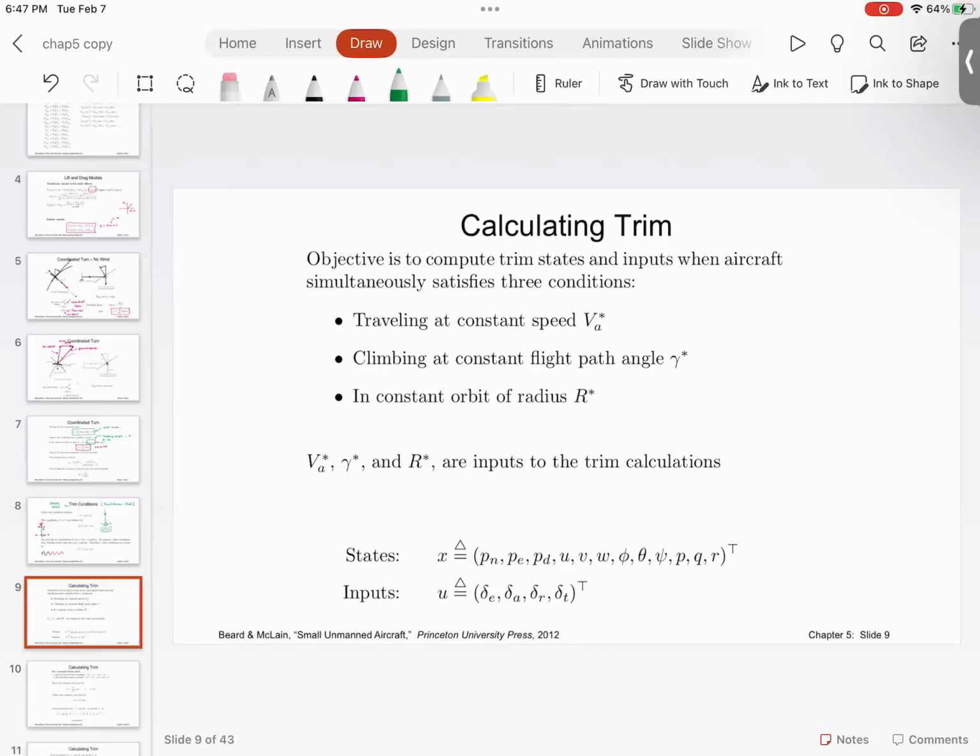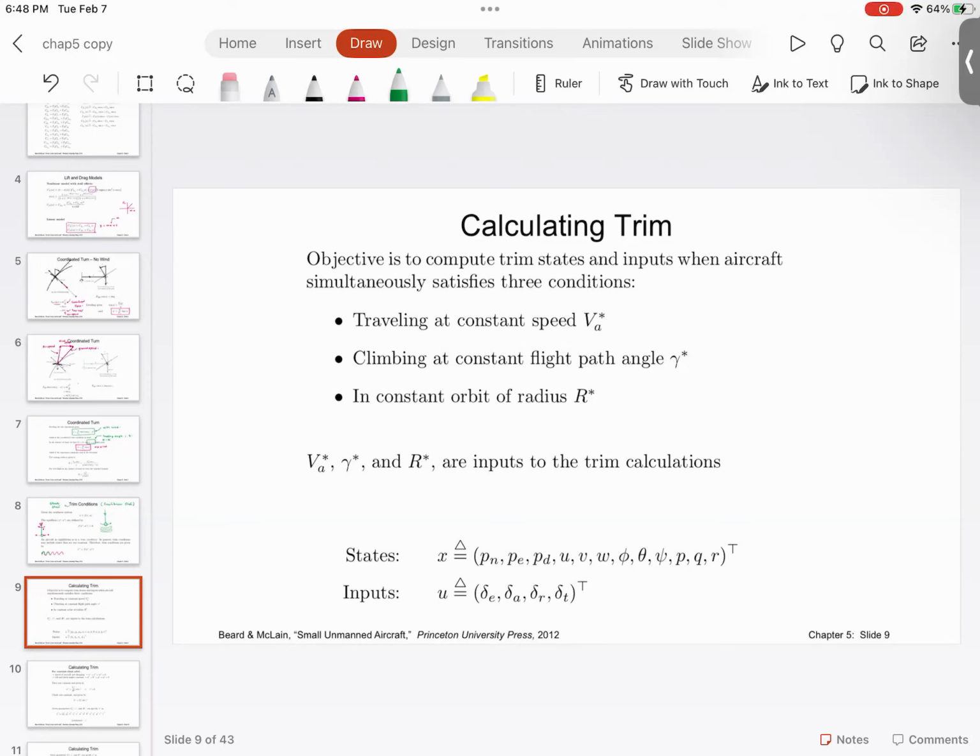Now what that means is Va star, gamma star, which is the flight path angle, and R star are the input to the trimming conditions. So basically, what we are going to do is, in those 12 equations, we are going to find out certain values of delta R, delta A, delta E, and delta T, so that Va, gamma, and R remain constant.